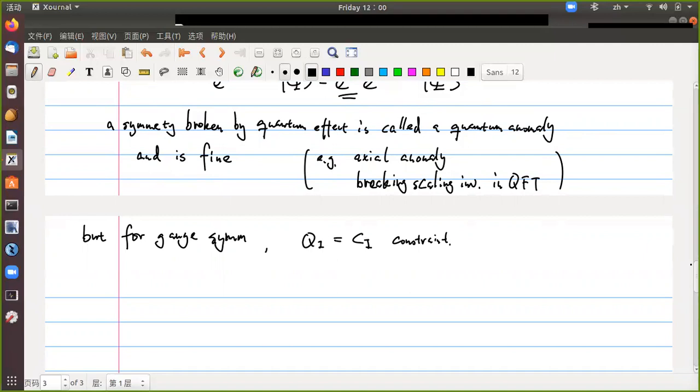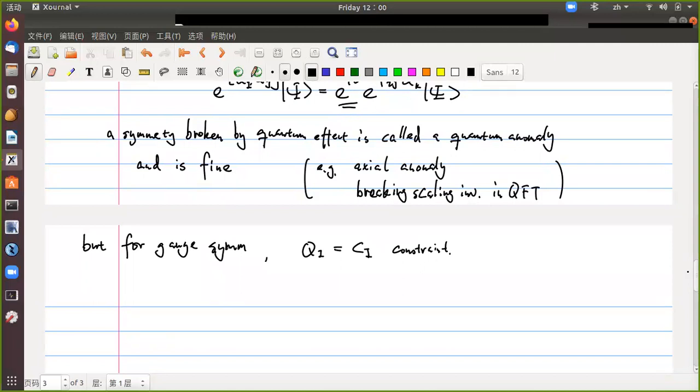But in this case, the anomaly, again, is the same story. Classically we have Poisson algebra, we have classical symmetry, but at the quantum level, because of the quantum effect, you get some broken symmetry. In many cases, dynamically, it becomes broken.